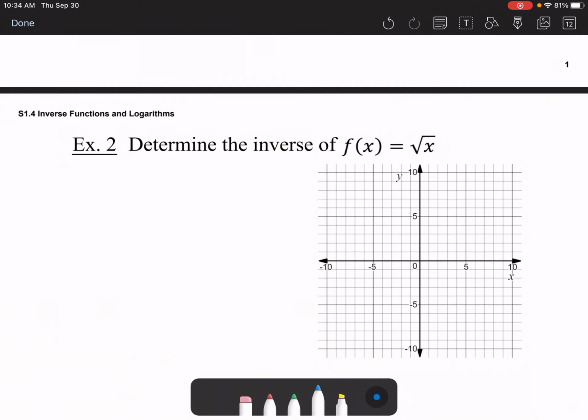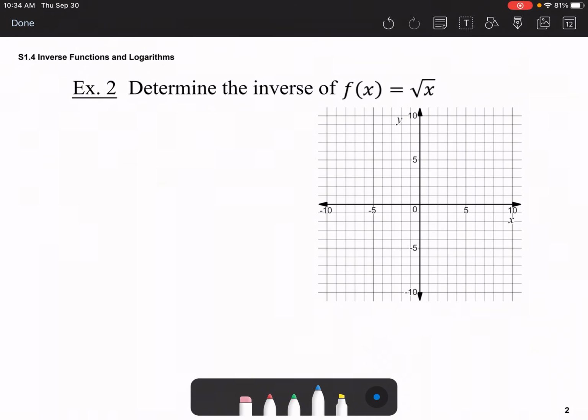Okay, so this leads us to, what if we were looking at the inverse of f of x equals the square root of x? So let's draw that. You guys might start to see where I'm going with this. So if this is our function f of x, we can find its inverse by drawing it.